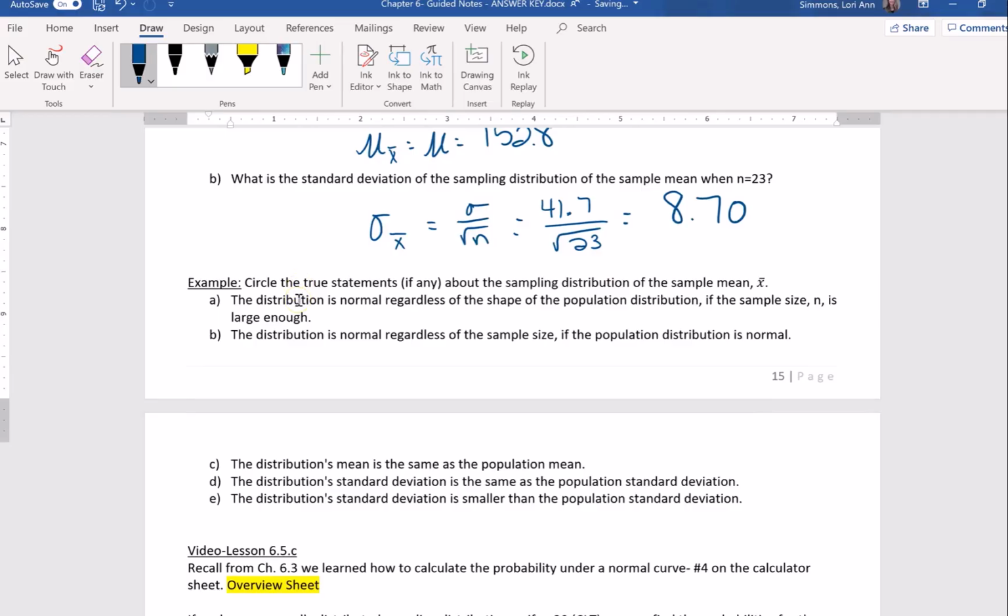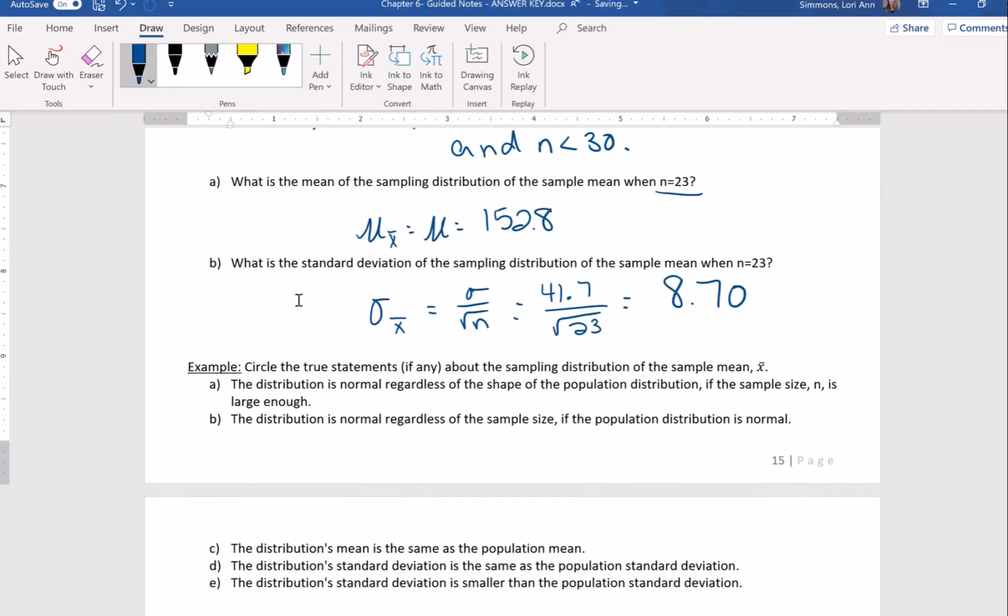And the last example for this video. Circle the true statements, if there are any, about the sampling distribution of the sample mean x bar. The distribution is normal regardless of the shape of the population distribution if the sample size n is large enough. That is true.